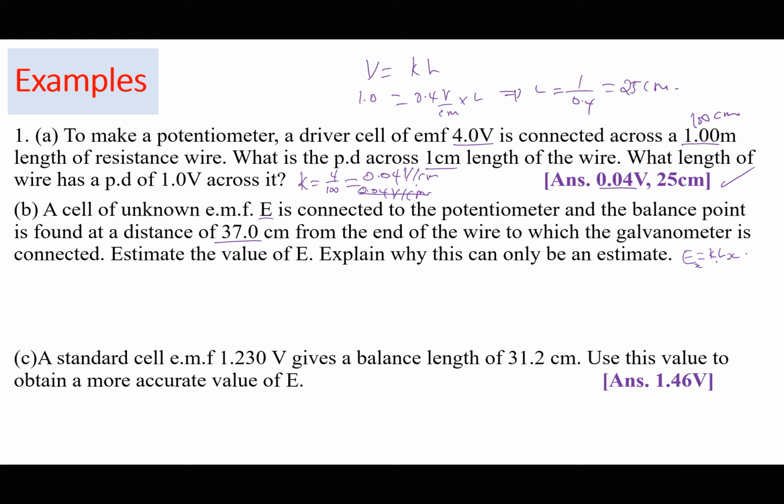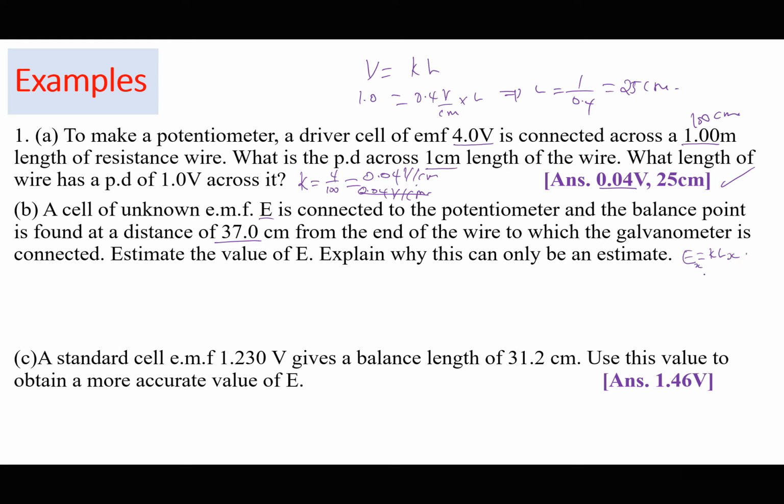So Ex is the constant, which is the PD per centimeter, times the balance length. So this would be K, which we have got as 0.04 volts per centimeter, times the balance length, which is 37 centimeters. I think this gives us 1.48 volts. Okay, estimate the value. Explain why this can only be an estimate.